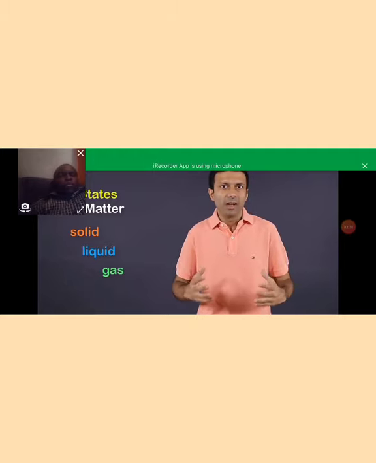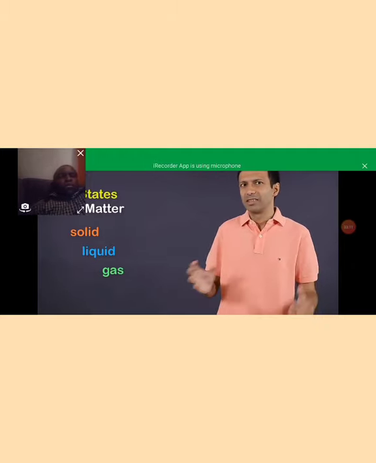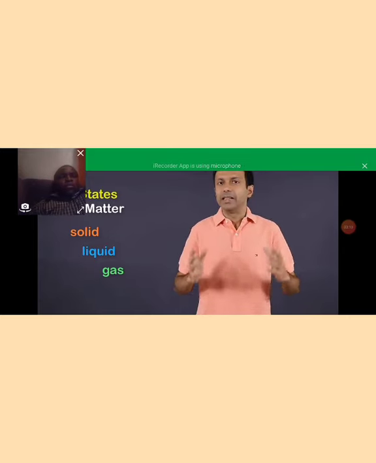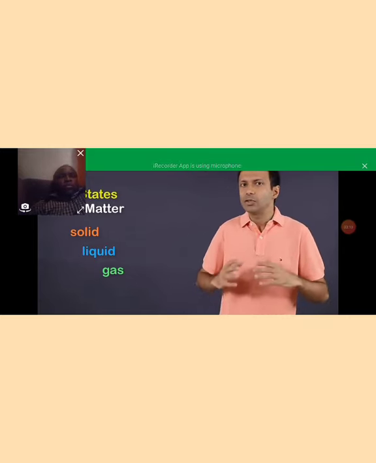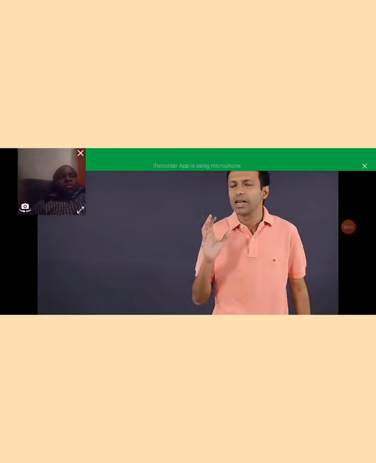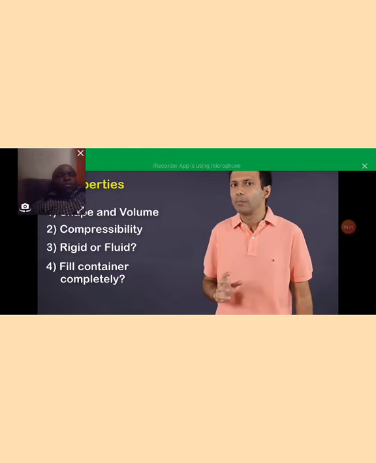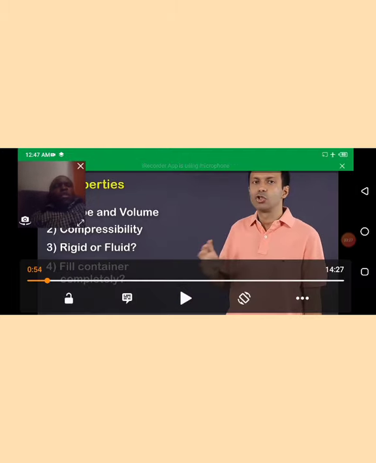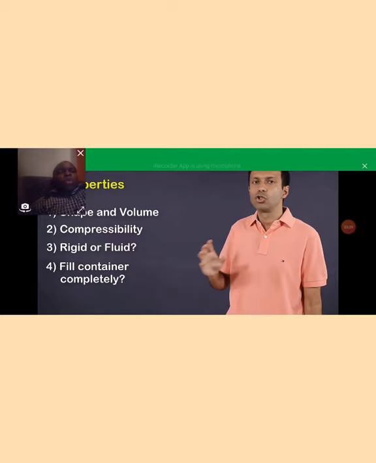When we look at something, our brain automatically knows, is it a solid, liquid, or a gas? In this video, we are going to compare these three states of matter in a more scientific way. So we'll compare them based on these four properties: shape and volume, compressibility, rigid or fluid, and fill container completely.